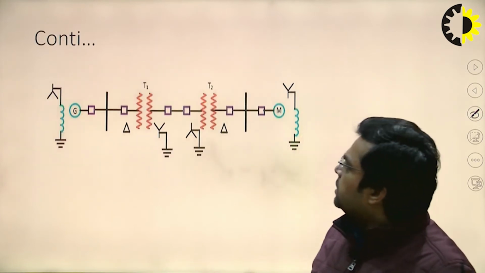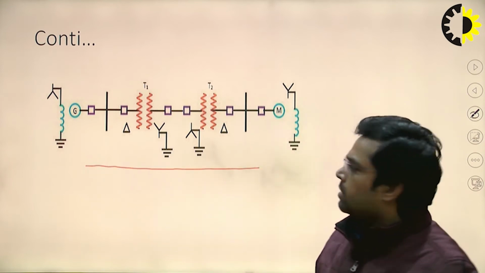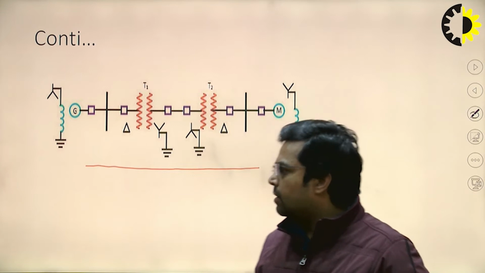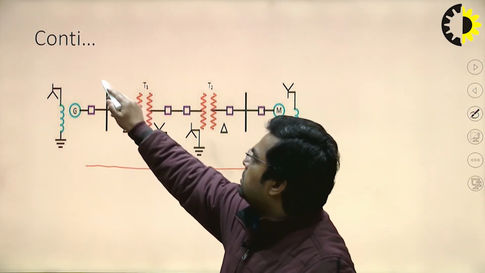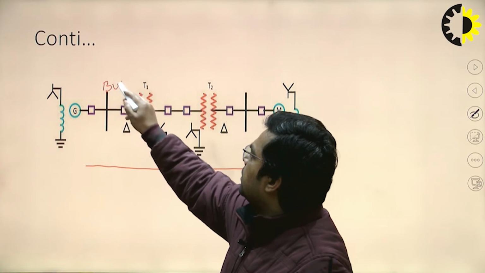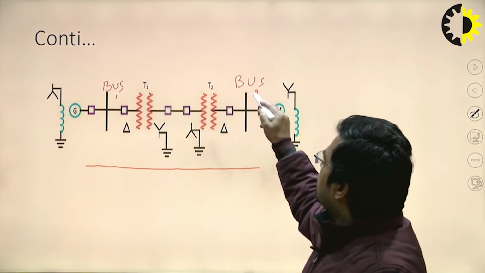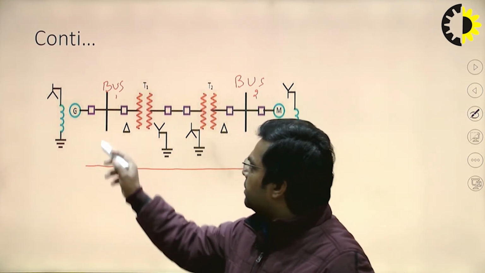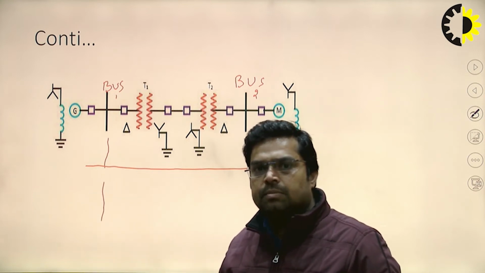So you can see this is one of the simple representations of a single line diagram. In this diagram, a two bus system has been taken. Let's suppose this is bus number 1, this is bus number 2. It has been classified into 3 parts, like we classified the structure of the power system.